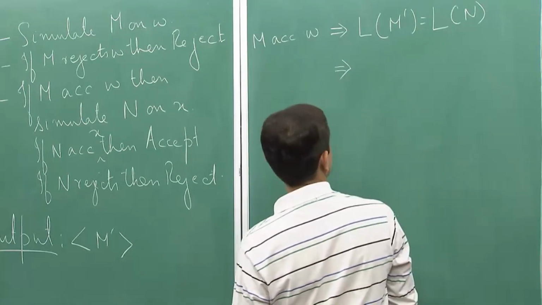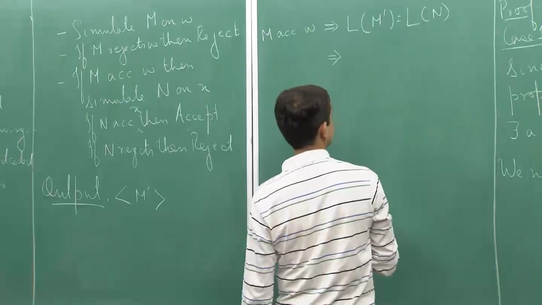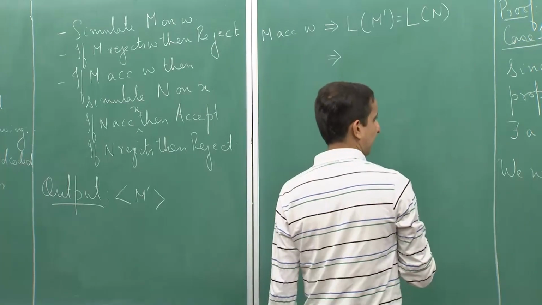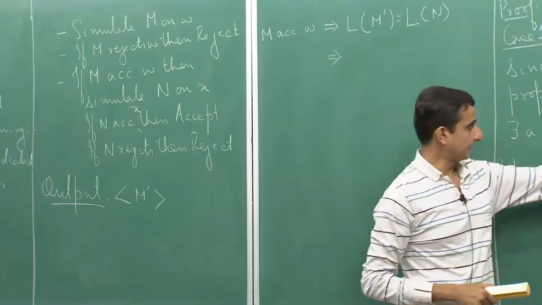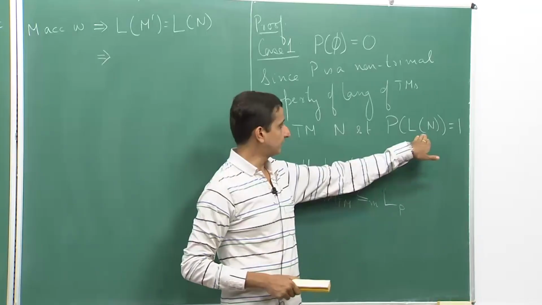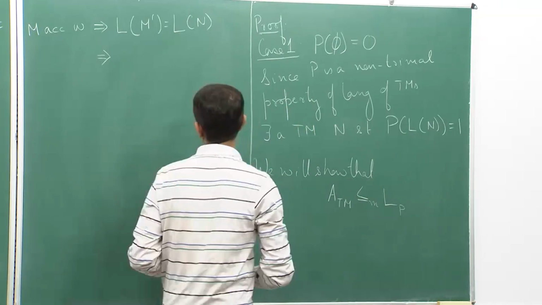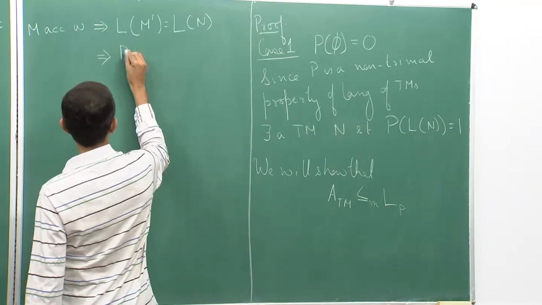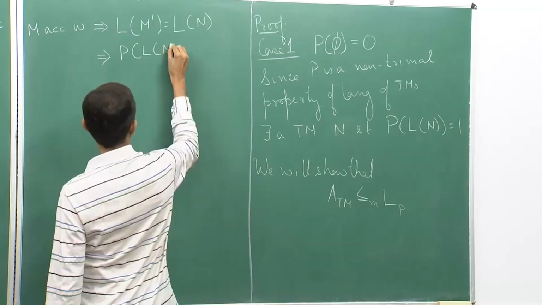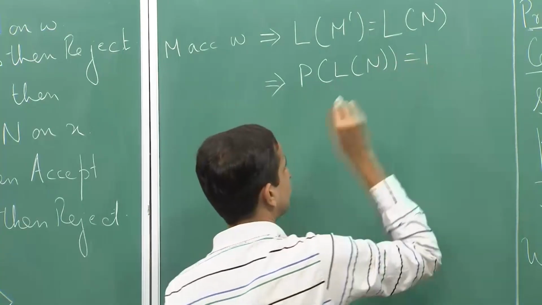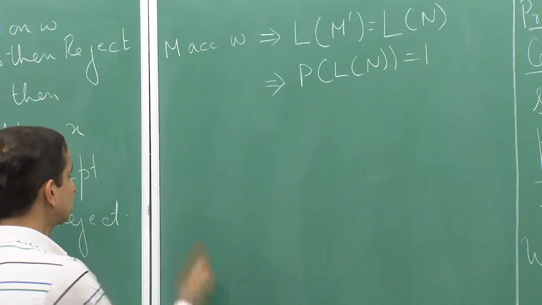So the language of M prime is the language of N, and from our assumption, we know that the language of N satisfies the property P. Therefore, P of L of N is equal to 1.